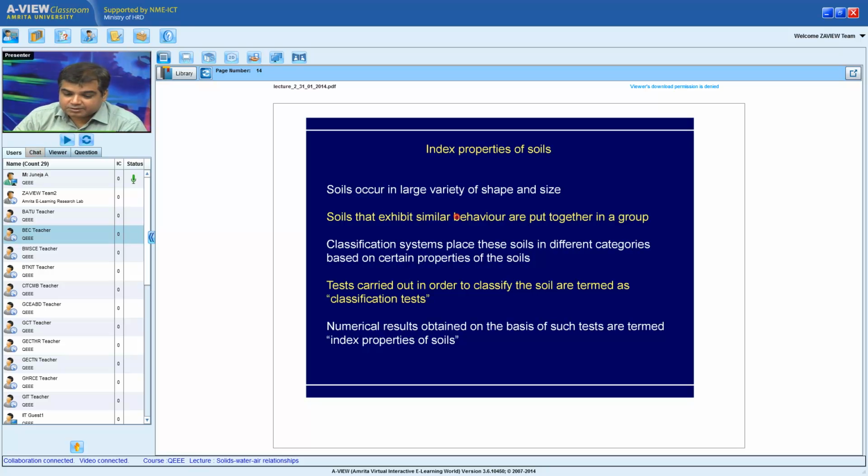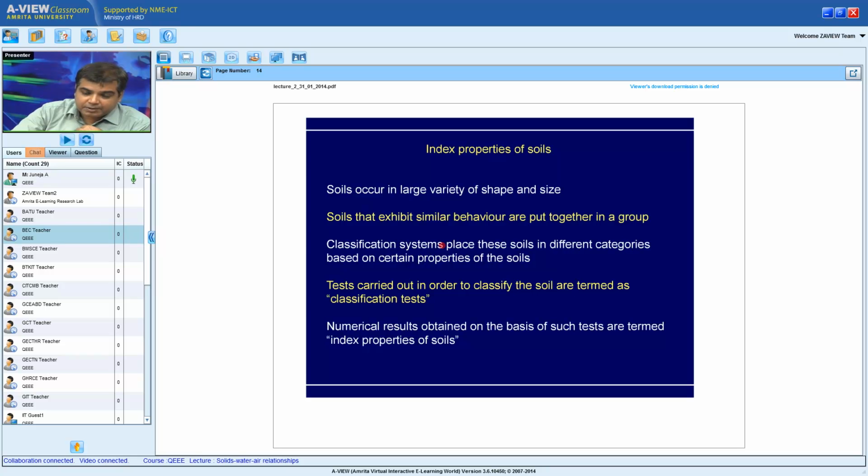If you are aware of these three properties of the soil, I would say as an engineer our job is well done. So we like to place them in groups which have similar properties, and these groups are quite often called classification systems. And like I said, there is no unique classification in this world.